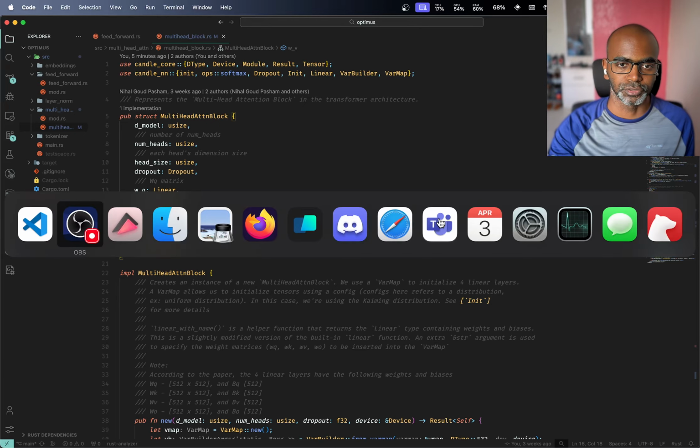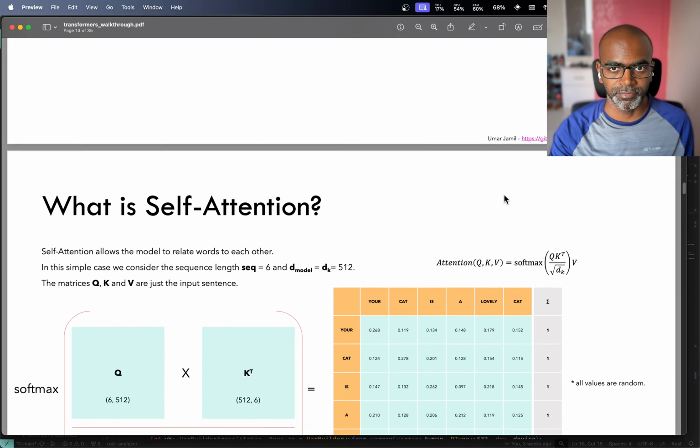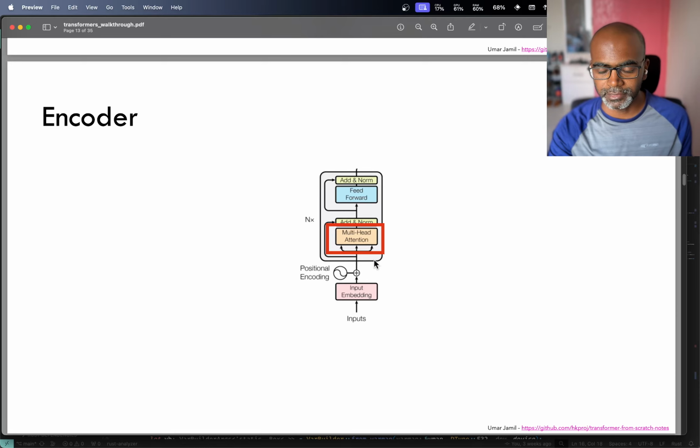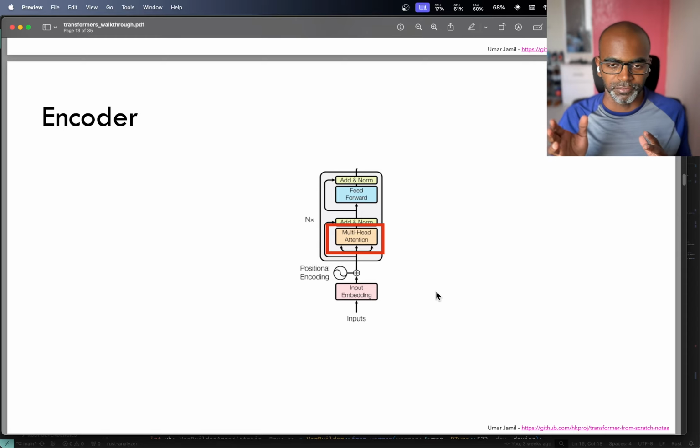So basically, just to explain this pictographically, we talked about input embeddings, basically taking your input, which is in this case just English language, and representing each word.